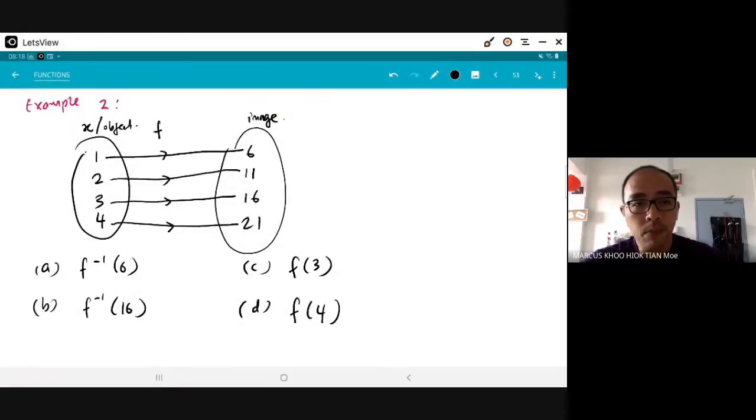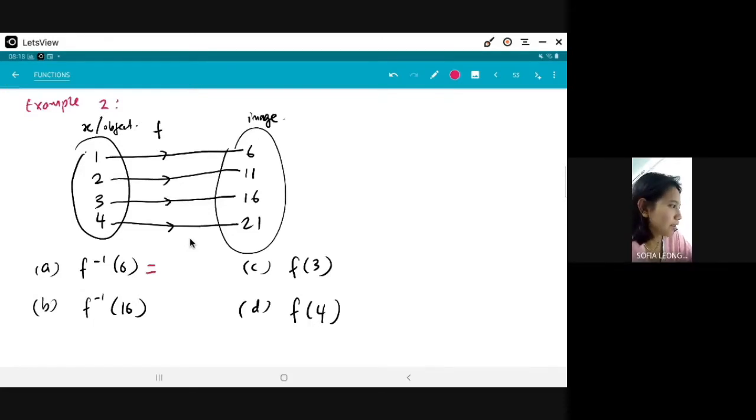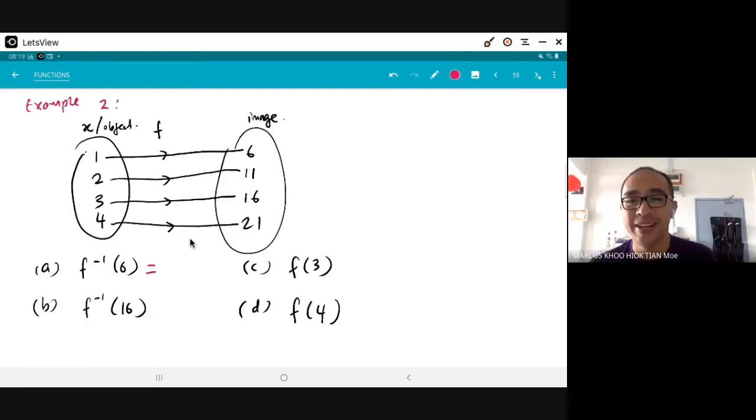Okay, ready? Let's give this a try. So, Sophia, why don't you tell us what is the inverse function of 6? What is the answer to the inverse function of 6? Whether it is after a function or after an inverse function kan, dia punya jawapan tu memang satu saja.